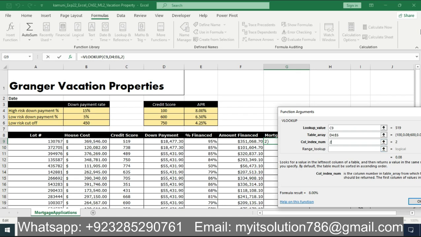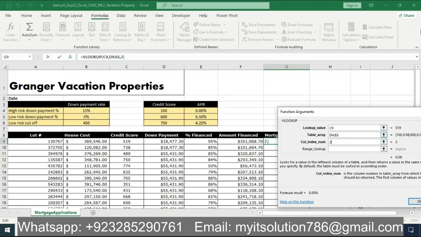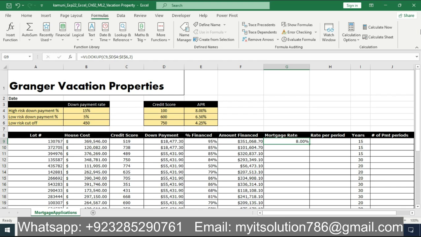It is also saying in the step to be sure to use the appropriate absolute or mixed cell reference. So as you know, for cell reference we enter $, I put $ for this. So click OK. So here is the mortgage rate that's required in this step.